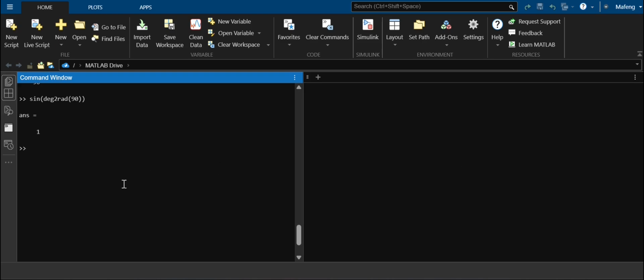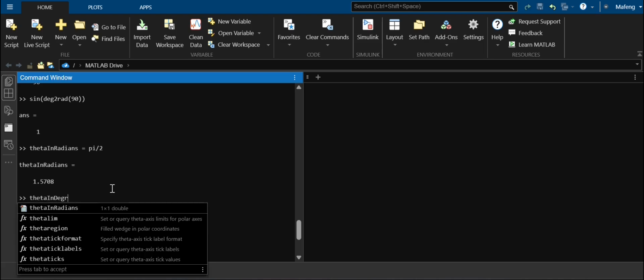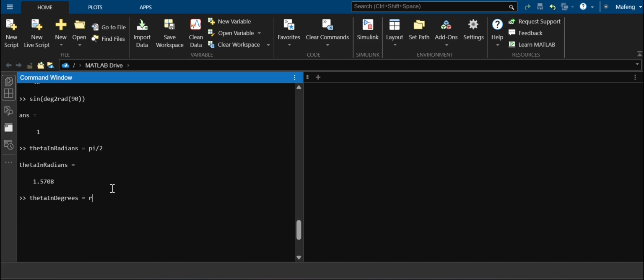Alright. So let's do it this way. If I had data in radians, which is pi over 2, theta in degrees will be rad2deg of theta in radians.